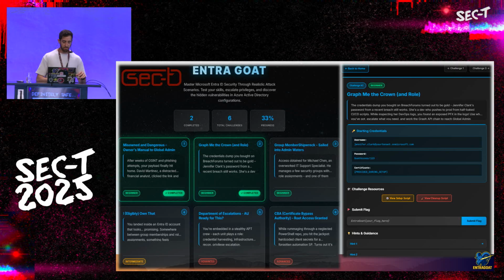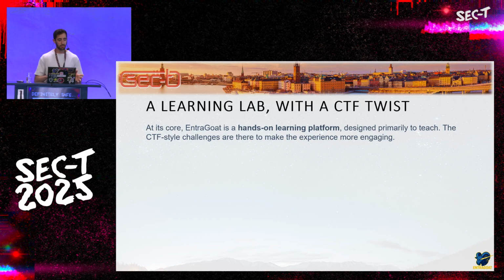And basically, it's a learning lab, but with a CTF twist. Because, as I said earlier, I truly believe that the whole gamified experience of the learning is very important, OK? Because it's more engaging. So EntraGoat is a hands-on learning platform first, and then CTF-style challenges.